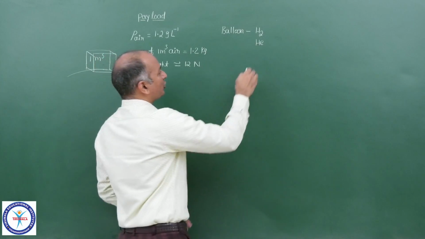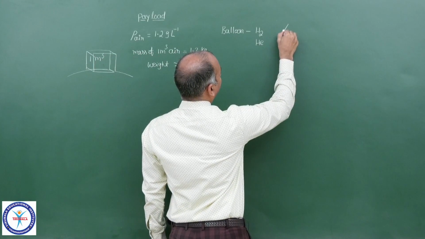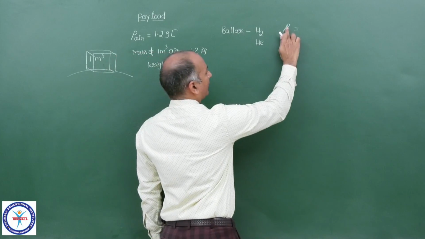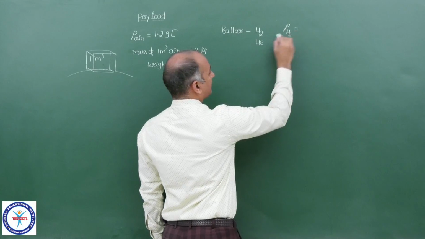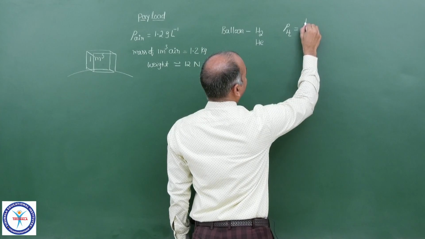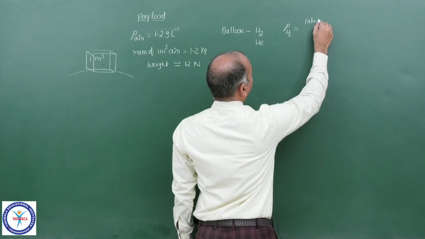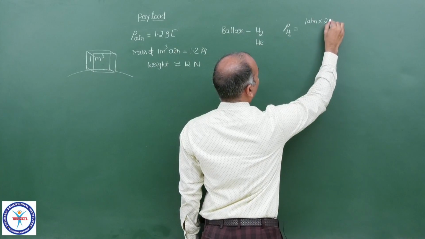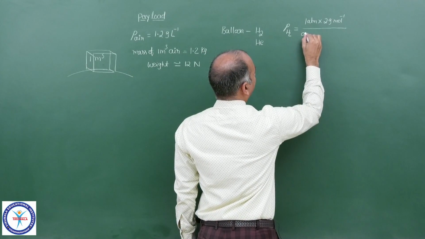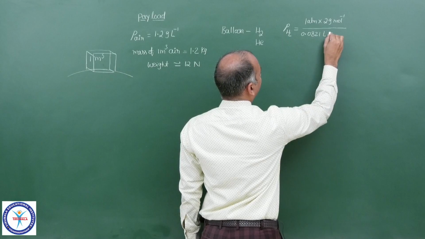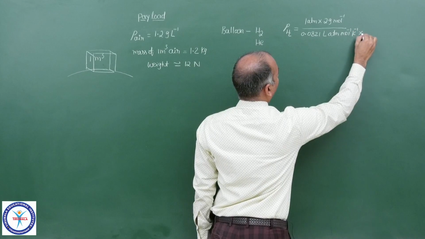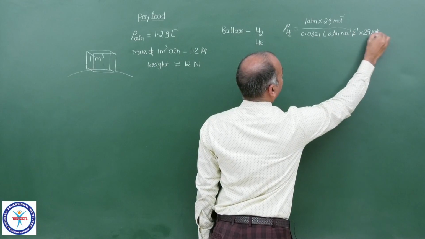So if you assume that, then the density of hydrogen, you all recall, PM = ρRT, which we have discussed just now. So density is equal to pressure 1 atm, times molar mass, hydrogen molar mass is 2 gram per mole, upon RT, 0.0821 liter atm per mole per Kelvin into 298 Kelvin.